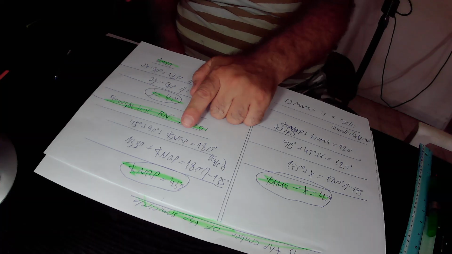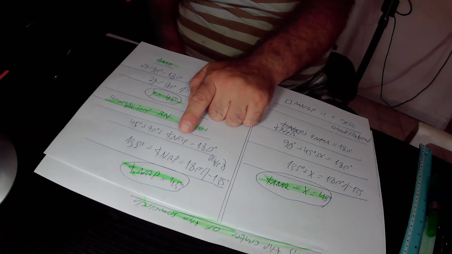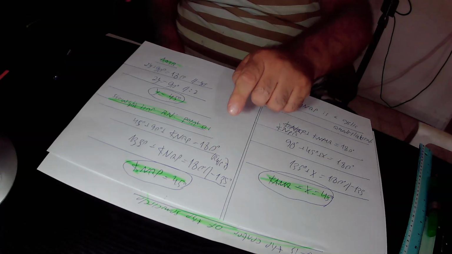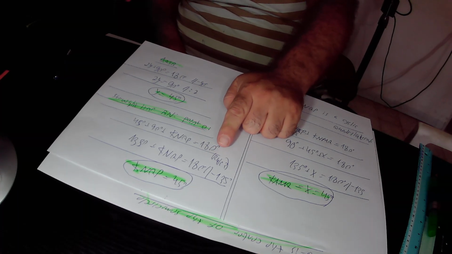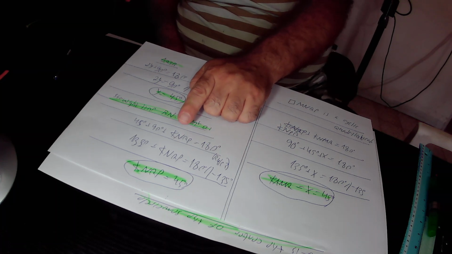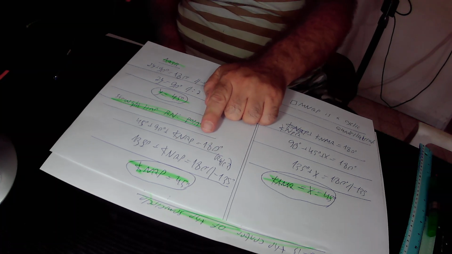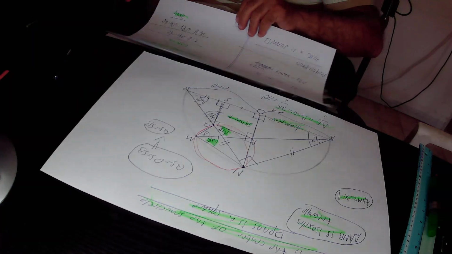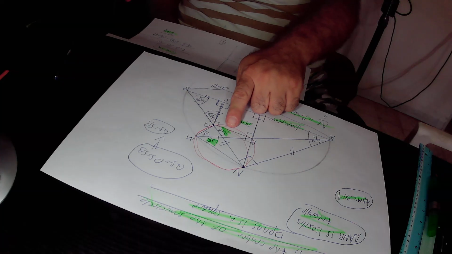So 135 degrees plus the missing angle NQP, in total they must be equal to 180 degrees according to rule 3. So we subtract 135 degrees from this equation, and finally find that the missing angle NQP equals 180 degrees minus 135 degrees, which is 45 degrees. So this is the missing angle NQP, which equals 45 degrees in its size.